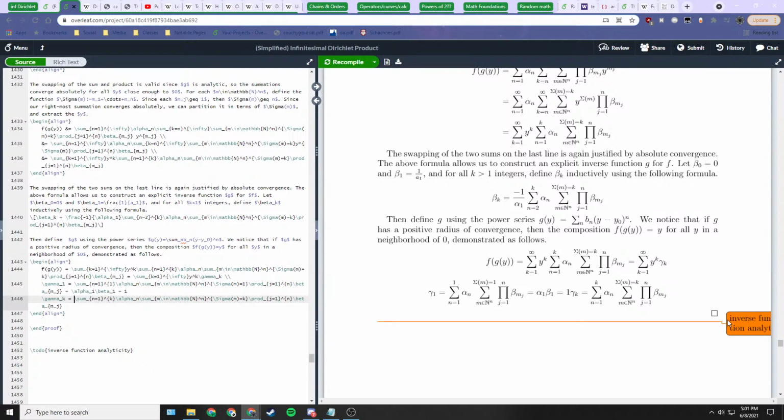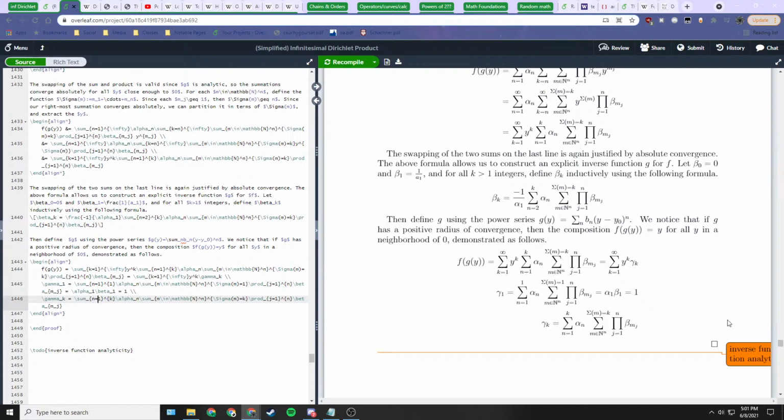So for k greater than 1, we'll actually just extract out the n equals 1 term. So we'll do n equals 2, have this whole summation, and then this sum would be when n equals 1. So n equals 1, and k is k.